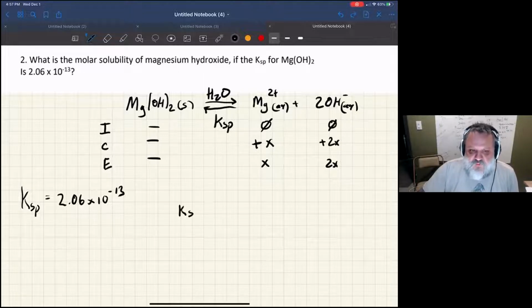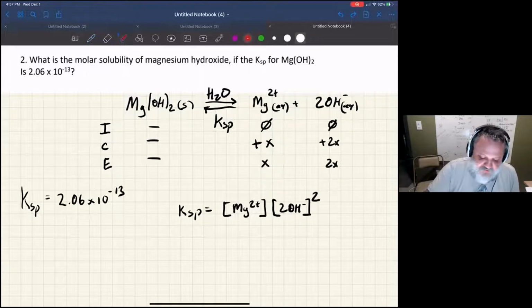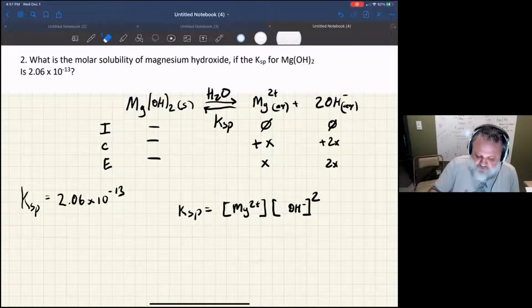And so the equilibrium constant Ksp equals the concentration of magnesium times the concentration of hydroxide to the second power. That should actually be the concentration of hydroxide, not 2. So let me fix that.